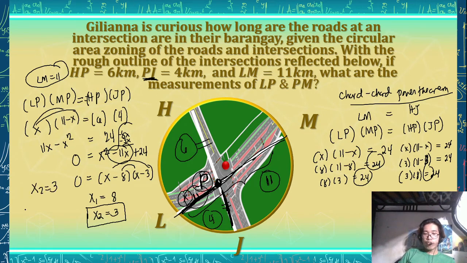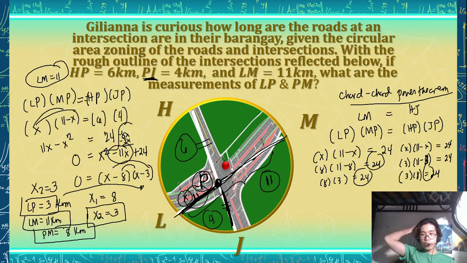The value of LP should be equal to 3 if we're going to consider the diagram that we drew here, if it's going to be proportional based on the chords. So LP should be equal to 3 kilometers, and the measurement of the entire road LM is just going to be 11 kilometers, which is our given. And we can also solve for PM if it's going to be continuously proportional. That should be 8 kilometers.